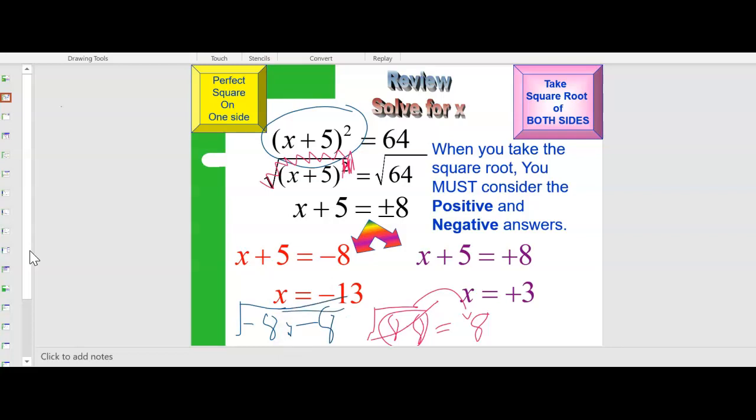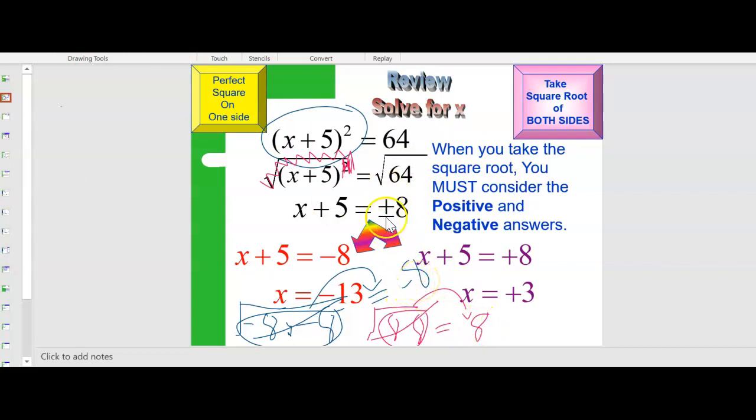And here you see two repeated negative 8s inside of the square root. So you know you can take one negative 8 out, and they're gone. So square root of 64 equals two results. One is positive 8, one is negative 8.